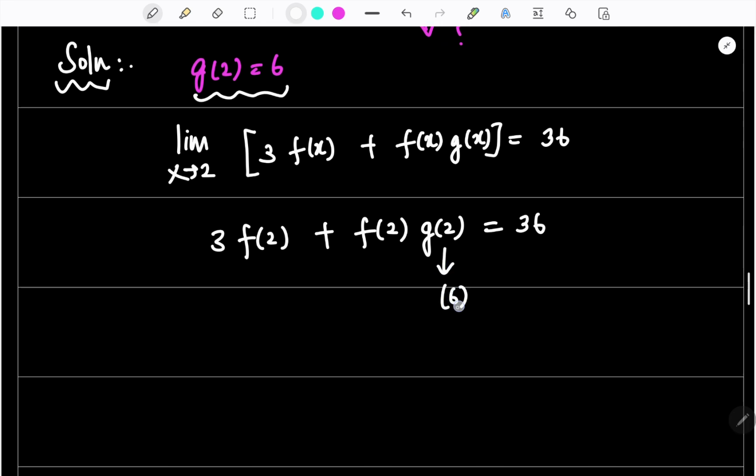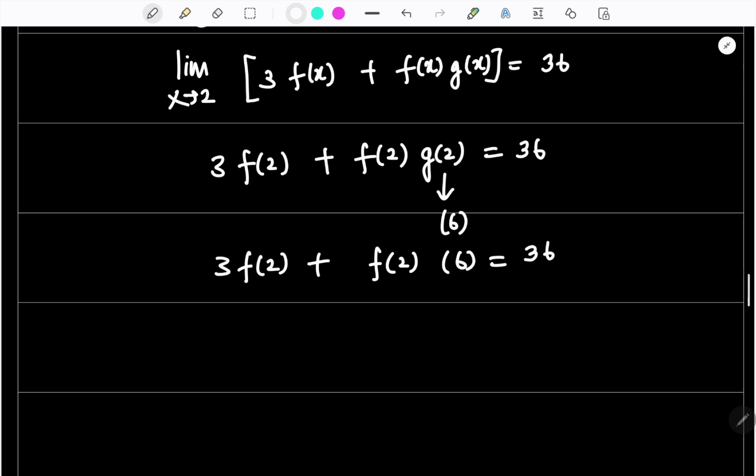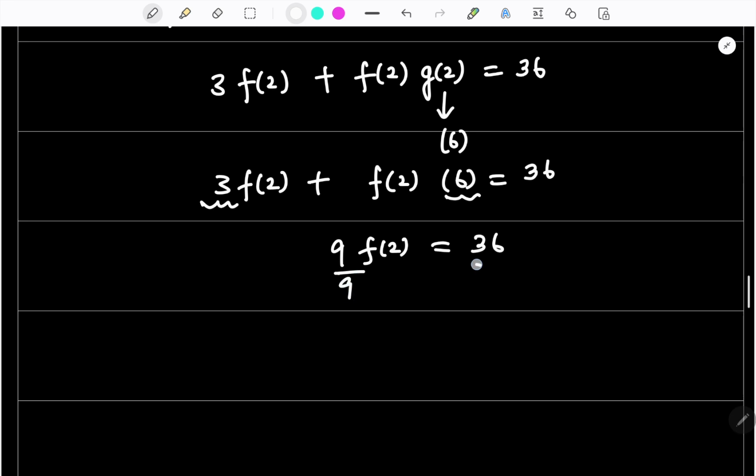So let me put here 6. So 3 times f of 2 plus f of 2 times 6, which is equal to 36. So here 6 times, here 3 times. So 6 plus 3 is 9 times f of 2 is equal to 36. So divide by 9 and divide by 9, and f of 2 is equal to 4. 9 fours are 36. f of 2 is equal to 4.